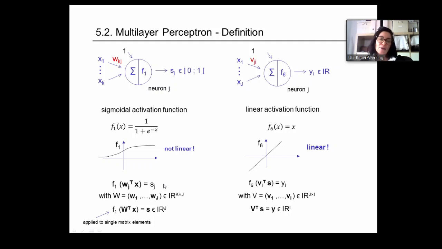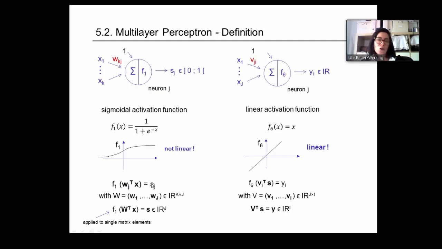In terms of formulas, we have the weight vector of the J-th neuron transposed times the input value. This is the argument to the sigmoid activation function.